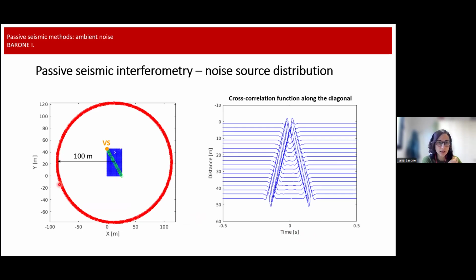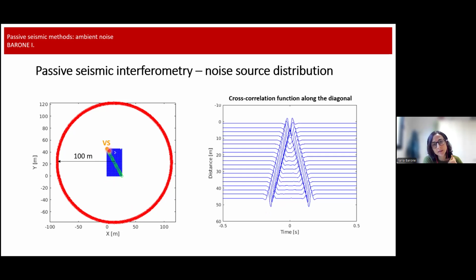And then we have all these noise sources that are evenly distributed in azimuth at a distance of 100 meters. What is shown on the right side are all the cross-correlation functions that correspond to the receiver pairs that have in common this virtual source.